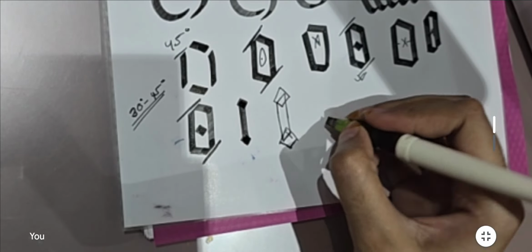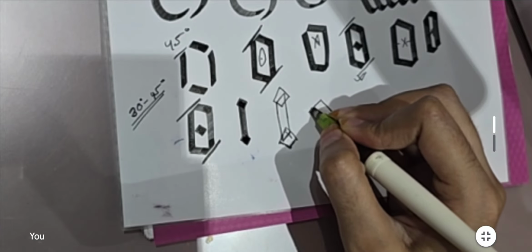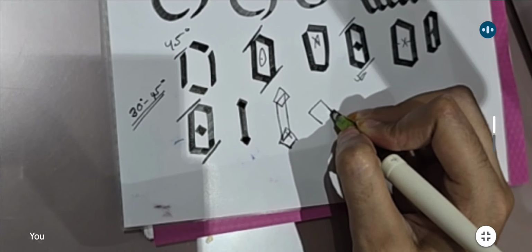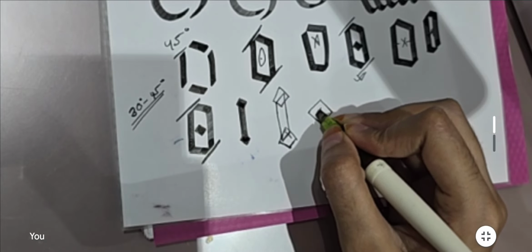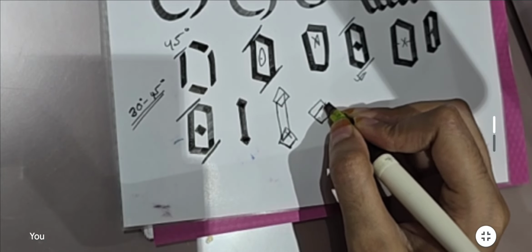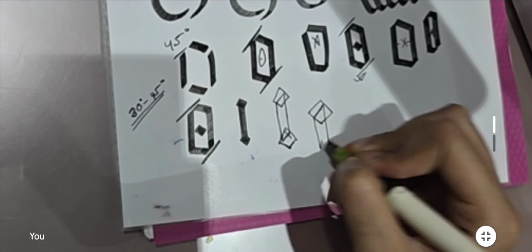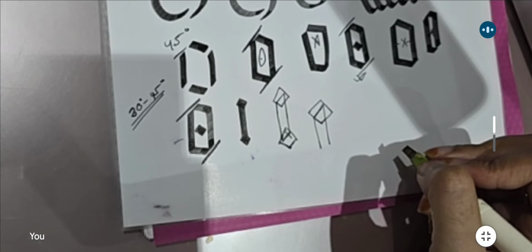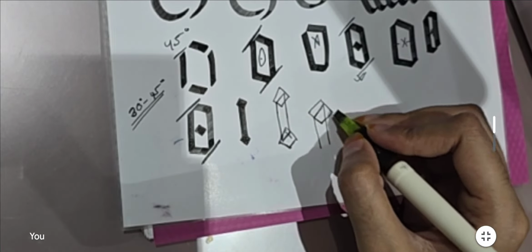Basically, this is my diamond, which is of my 45-degree angle, then this straight stroke should go like this. Getting? Yeah, I'm good. Yeah, I'm trying, but it is not coming.